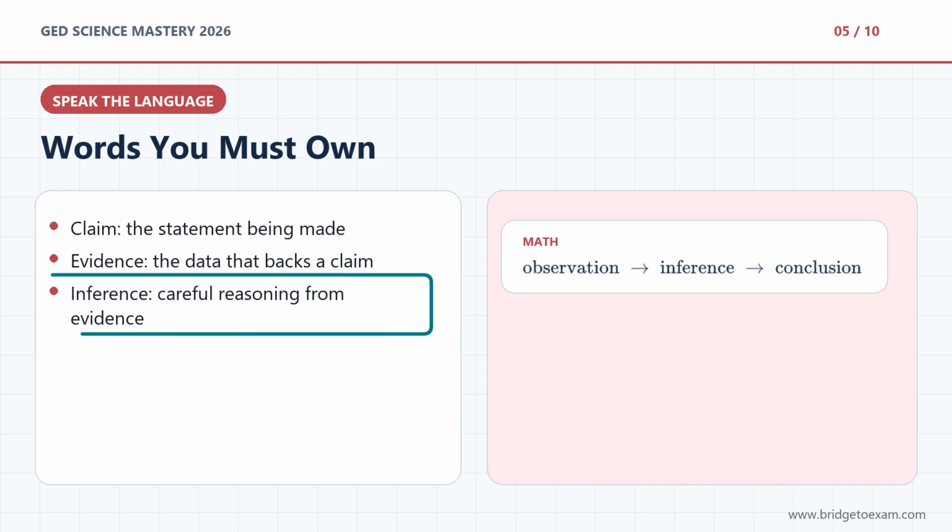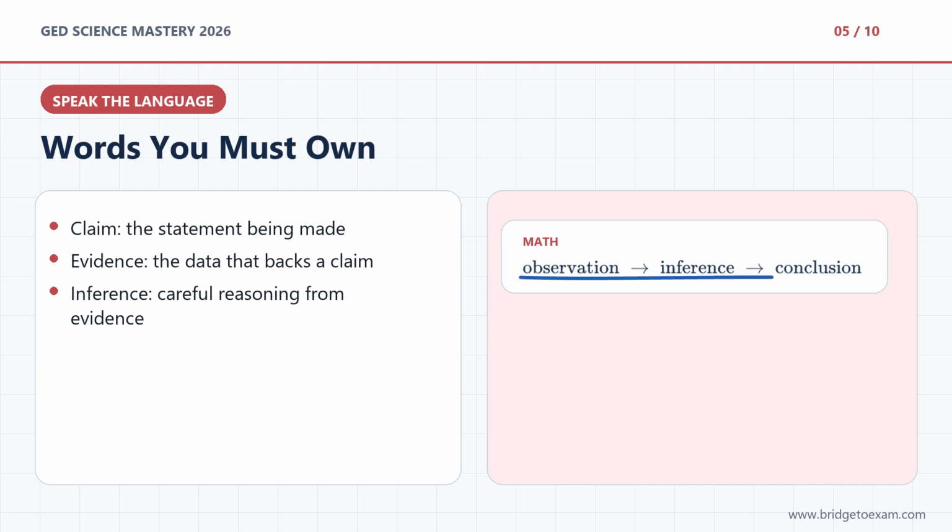It is careful thinking, not a wild guess. And a conclusion is the final judgment, and a good one stays limited to exactly what the evidence shows. Keep this chain in mind. You move from observation to inference to conclusion, and you never claim more than your evidence allows.